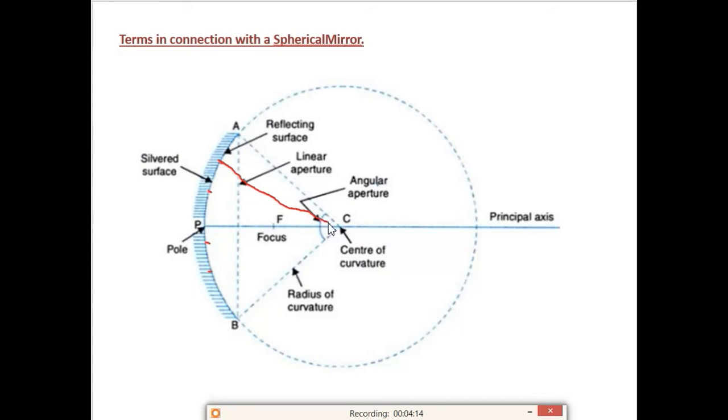Any line joining any point on the spherical mirror and the center of curvature is always perpendicular to the spherical mirror at that particular point.